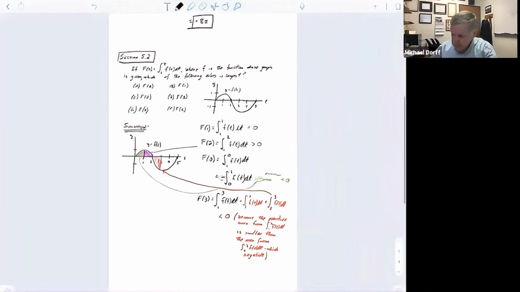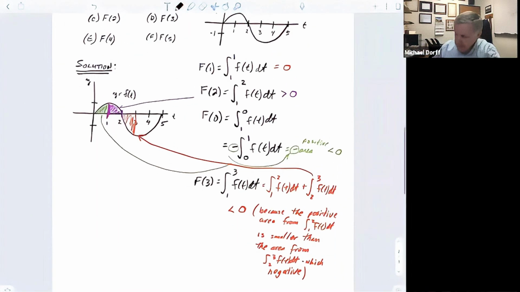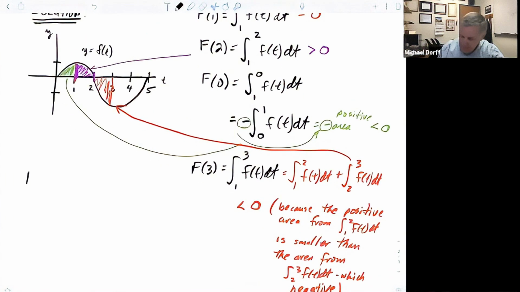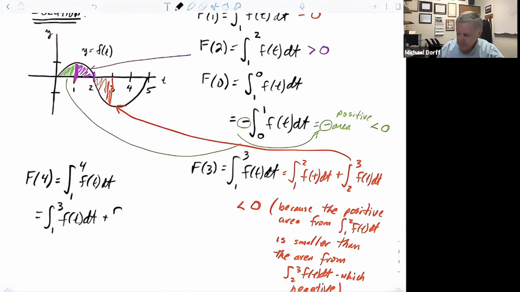Let's see, we have two more values to look at, f of 4 and f of 5. So here's f of 4. So f of 4 is going to equal the integral from 1 to 4 of little f of t dt, which I could write as the integral from 1 to 3 of f of t dt plus the integral from 3 to 4 of f of t dt. Now, what do I notice here?